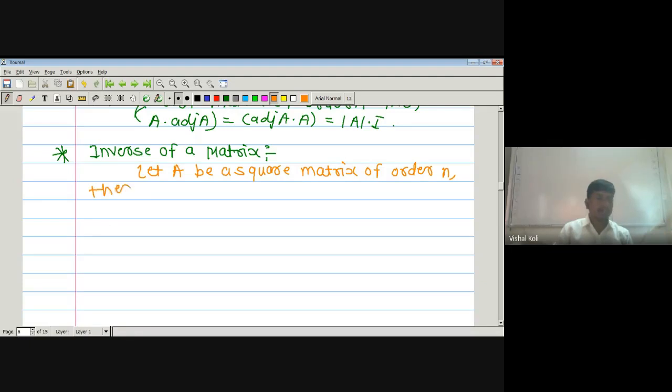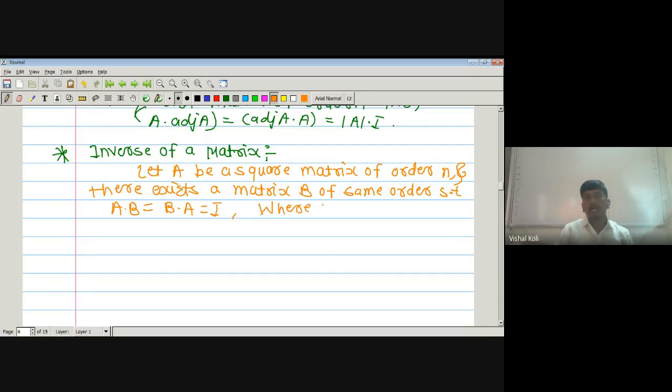Then there exists a matrix B of the same order, that is of order n, such that A into B is equal to B into A is equal to I, where I is the unit matrix of order n.